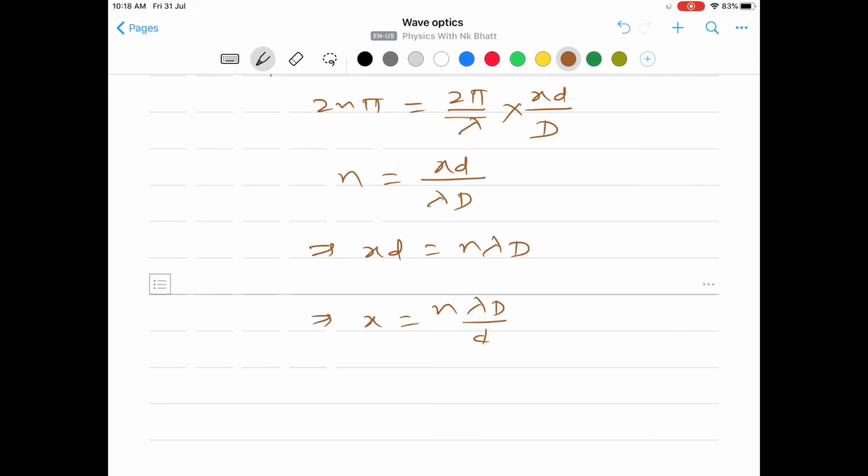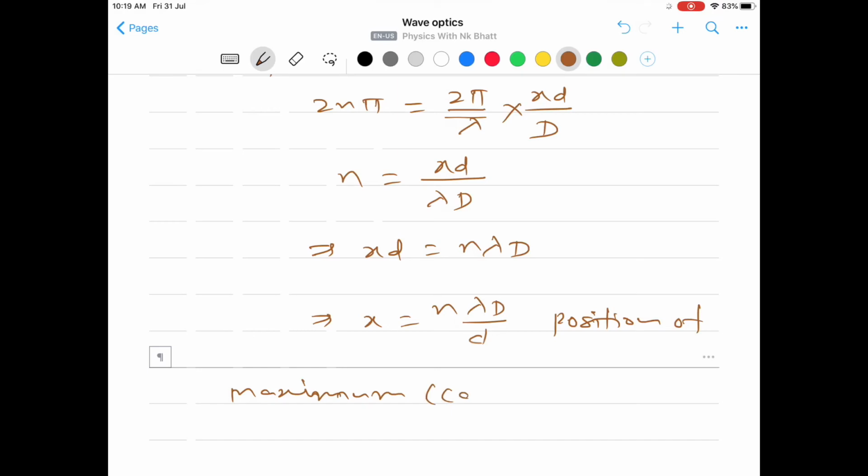So this is the position of maximum, that is constructive interference.